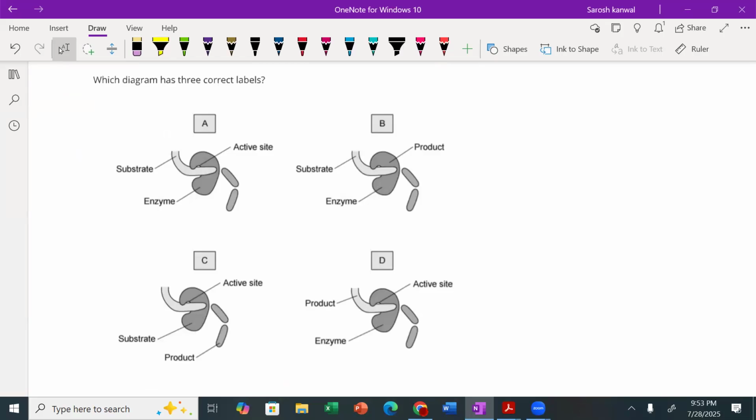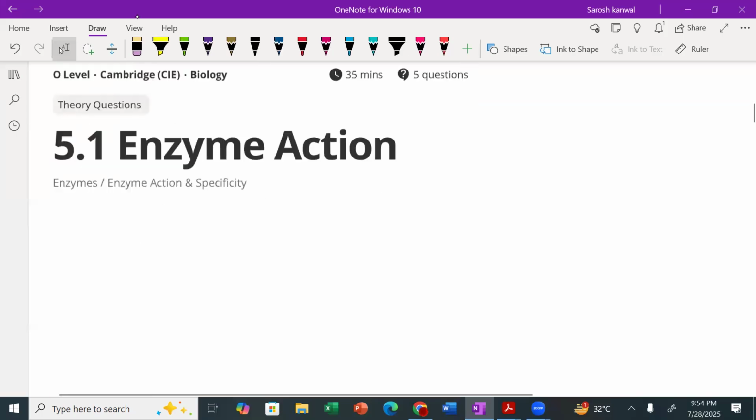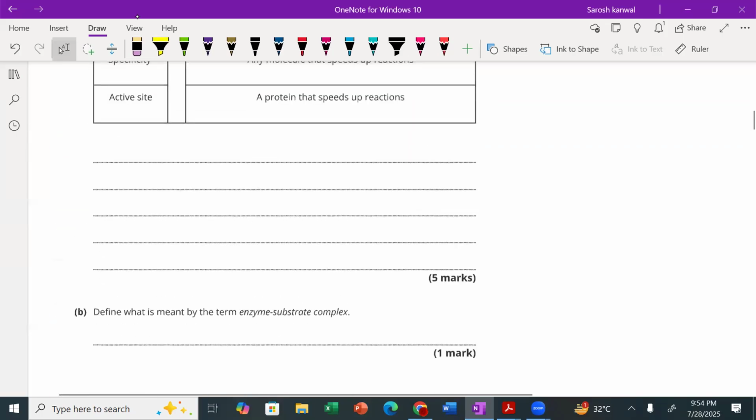A. So A is the correct answer. Good, Mepsam. So these were MCQs. Now we have to see some of the structural questions.